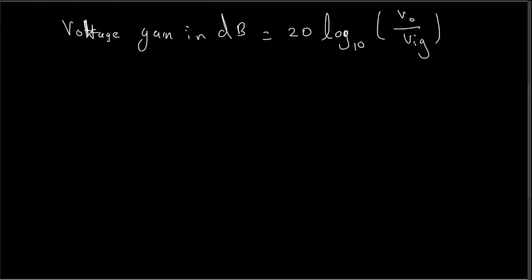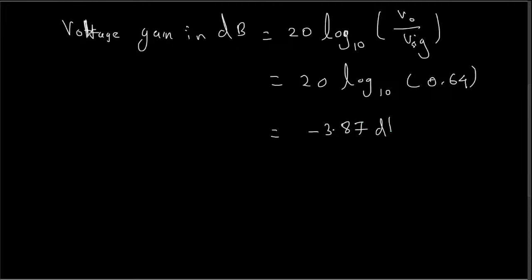In this case, that is 20 log 10 of the value we calculated, 0.64. And if you calculate this one, you will end up getting negative 3.87 decibel. Okay, and that's our final answer.